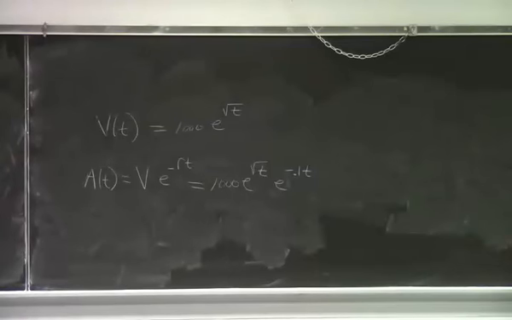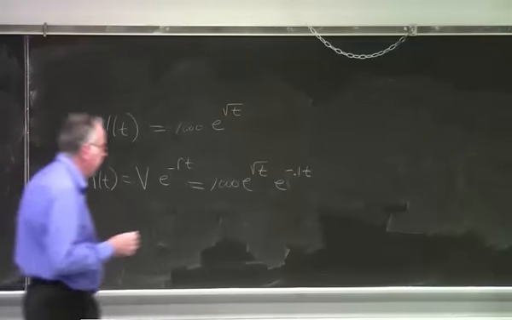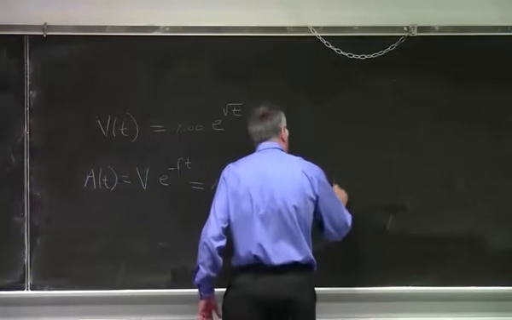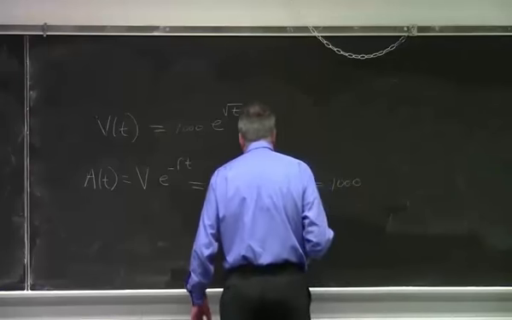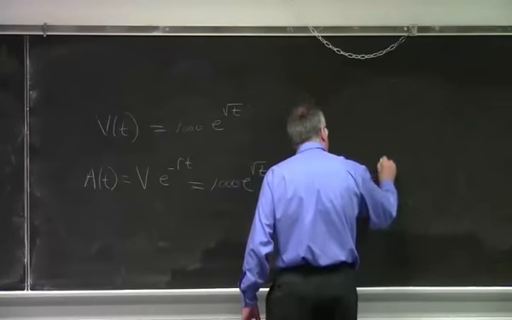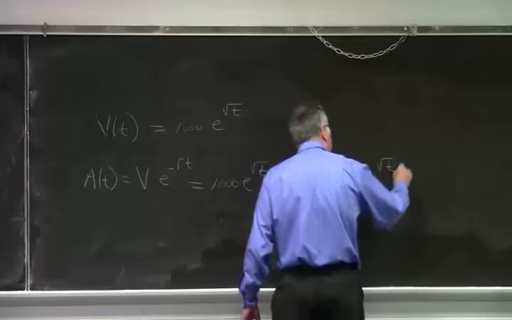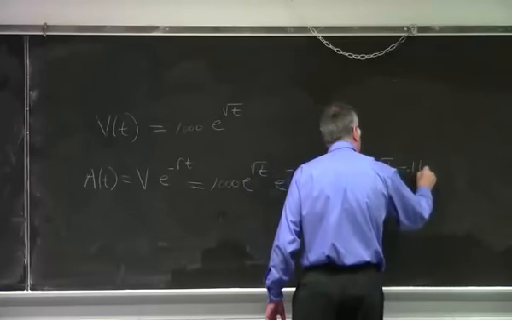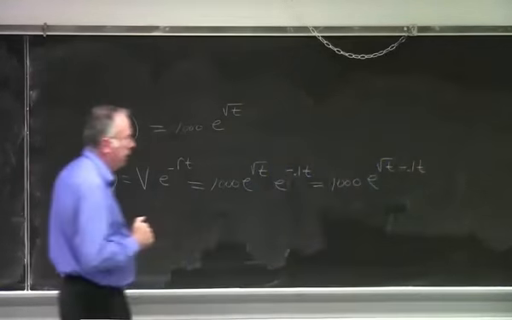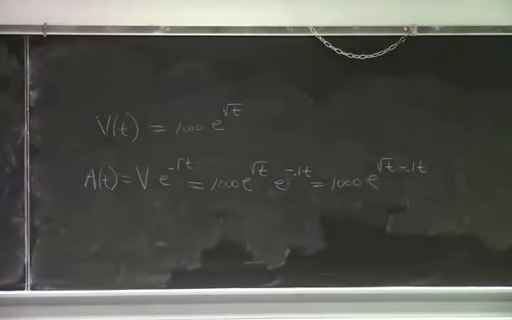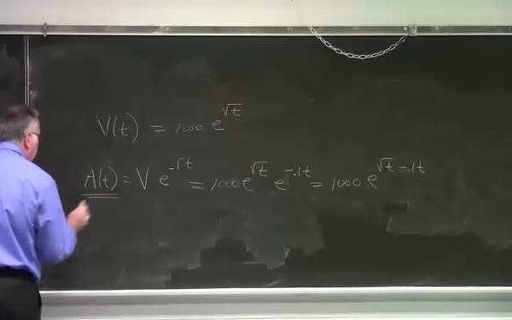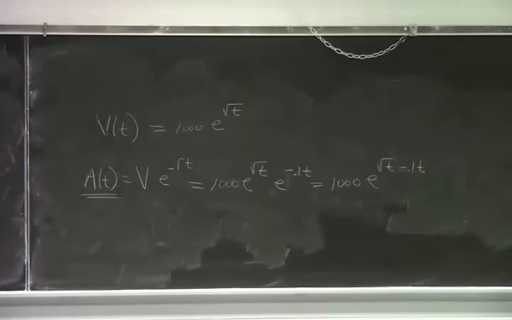And we can add those exponents and simplify this expression to be the following: 1,000 times e to the square root of t minus 0.1t. And this is our objective function. This is the thing we want to maximize. We want to choose time so as to maximize the present value of the trees.